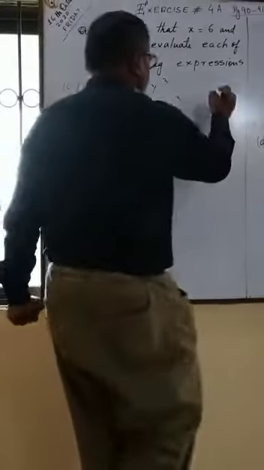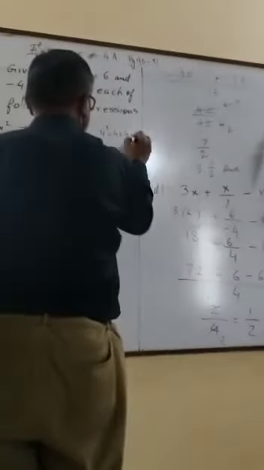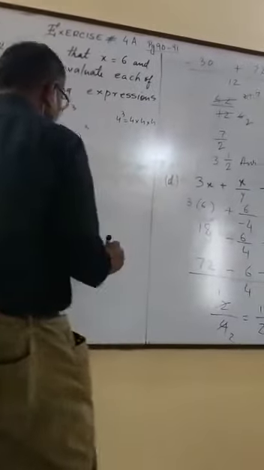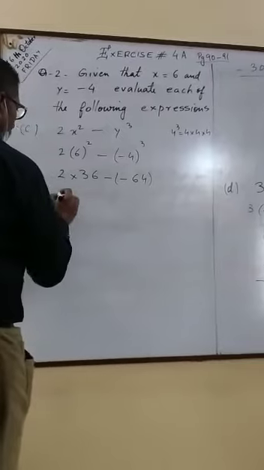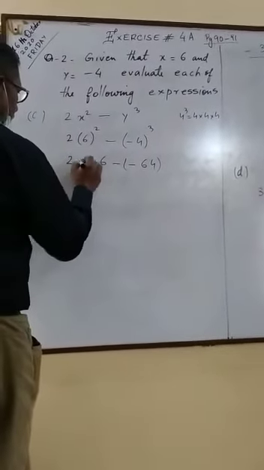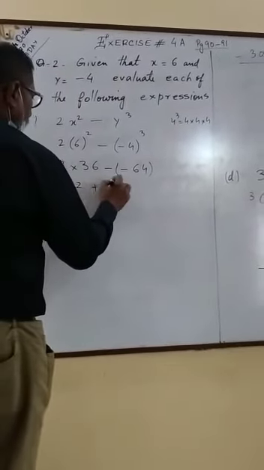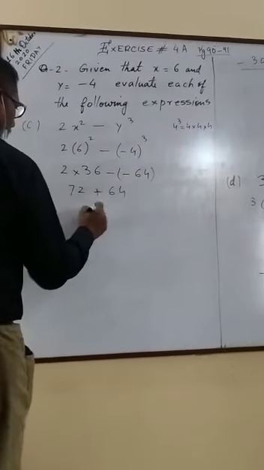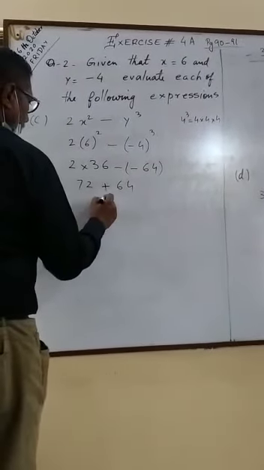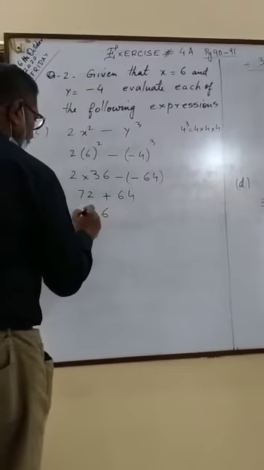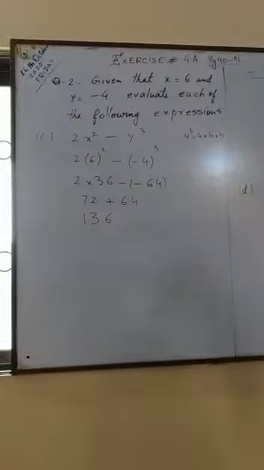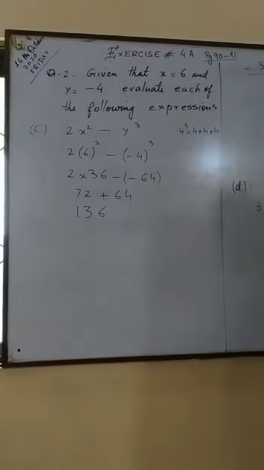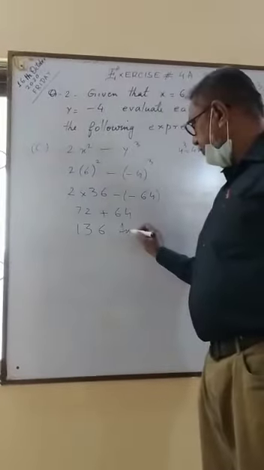See, it happens like this: 4 into 4 into 4. 4 4s are 16, 16 4s are 64. So it is negative 64. Okay. Now this will become 72 and 64. When we add, it will be 136. So this is your answer.